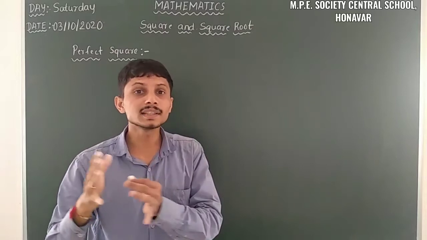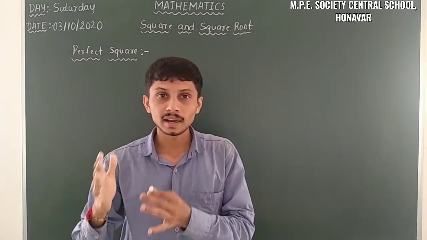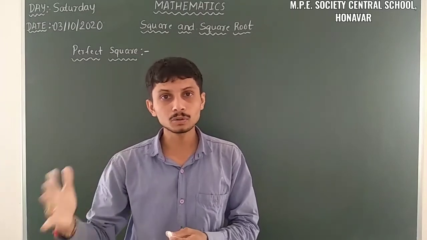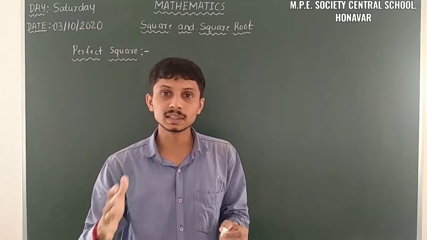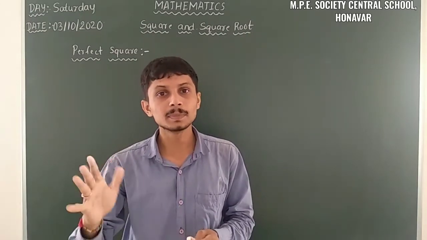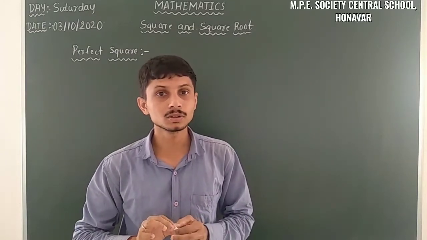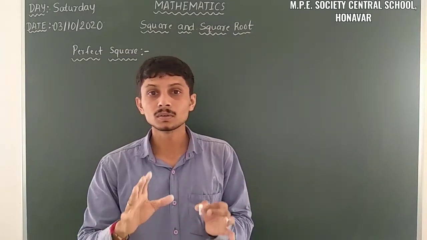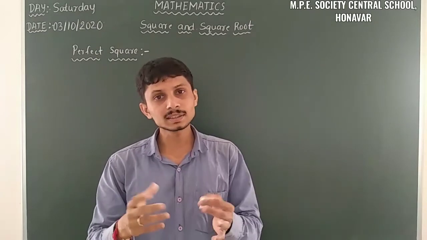When a is any integer, and b is equal to a into a, where b is the perfect square and b is always a positive integer. There is no case of negative integer. It can become 0, when 0 into 0 we write it as 0.